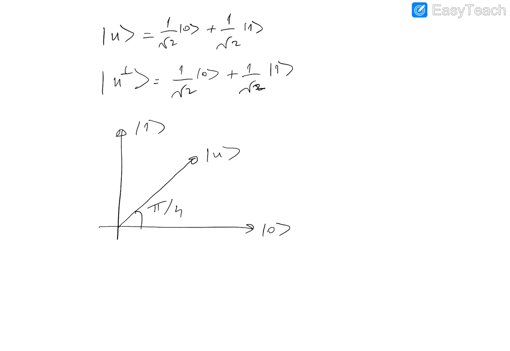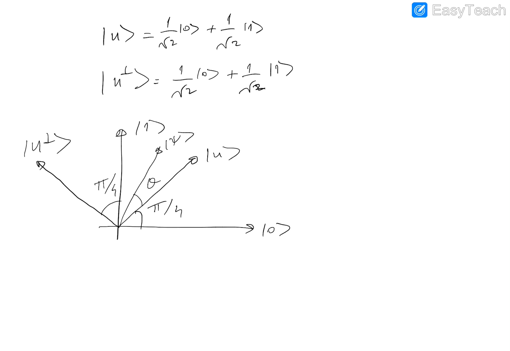This is u. And suppose that we have an arbitrary superposition, maybe psi, which makes an angle theta with u, let's say. And then u perp is the vector which is perpendicular to u. Again, the angle is pi over 4.